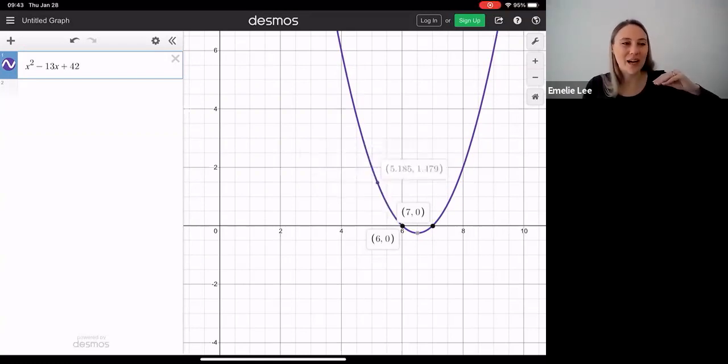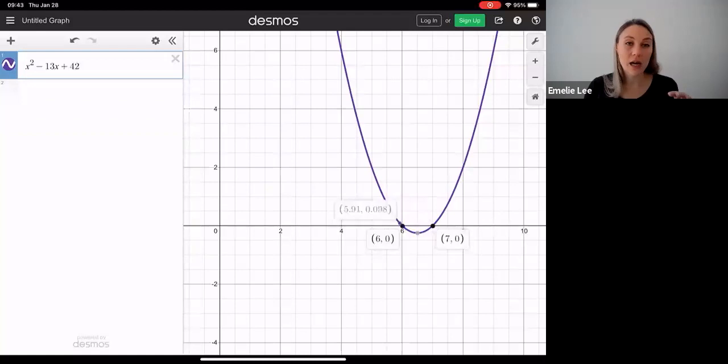And so we're forcing y to be equal to 0 to find where these values make y equal 0. The y will always be 0 because we force it to be 0 in order to use the quadratic formula.